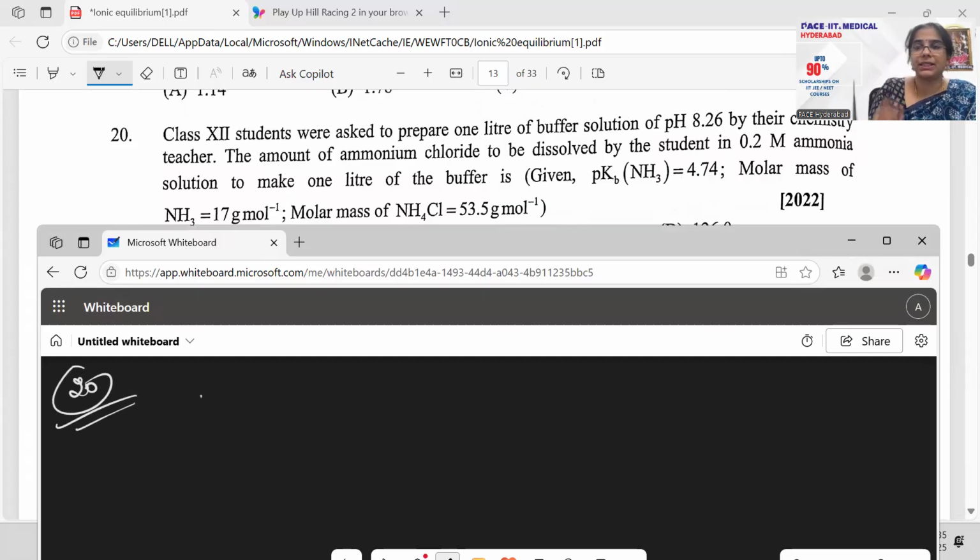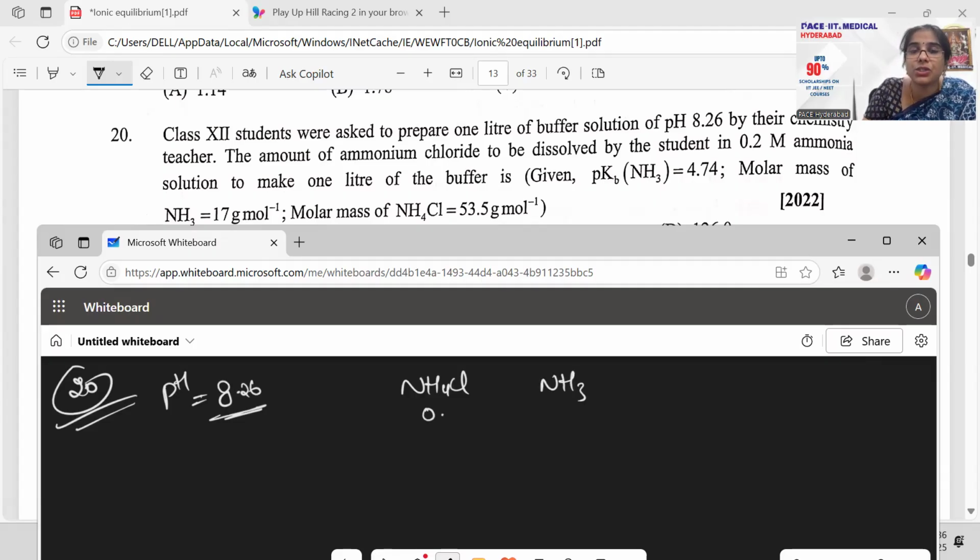Yes, moving on with that last question now. Class 12 students were asked to prepare 1 liter of a buffer solution of pH 8.26 given to us by the teacher. The amount of ammonium chloride NH4Cl to be dissolved by the student in 0.2 molar ammonia solution.